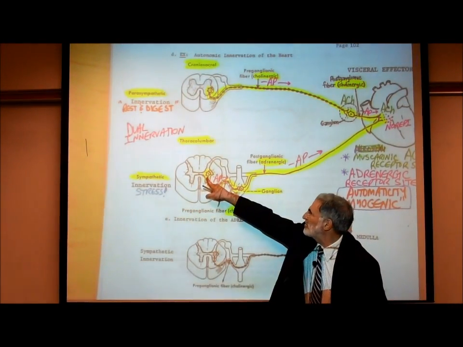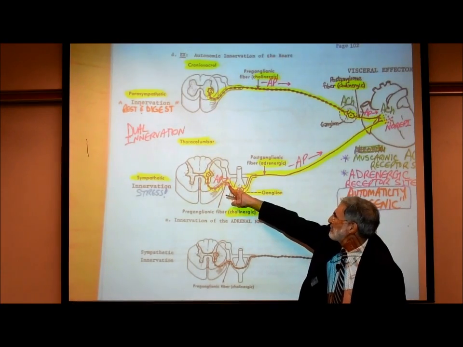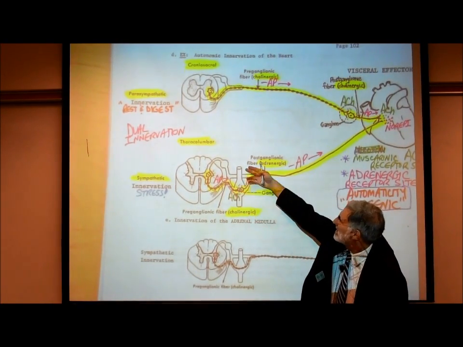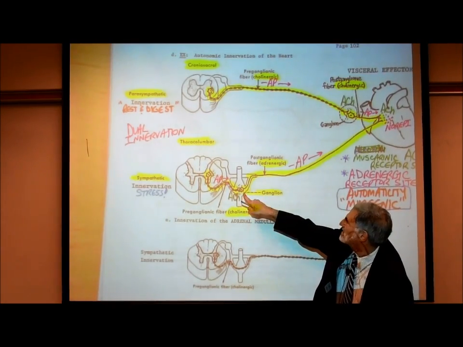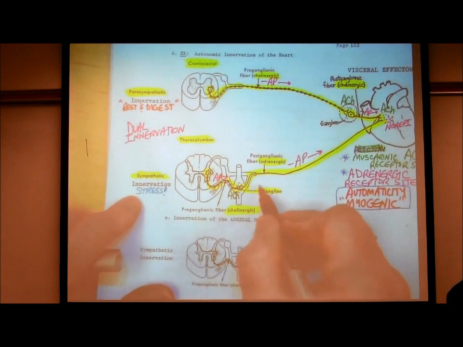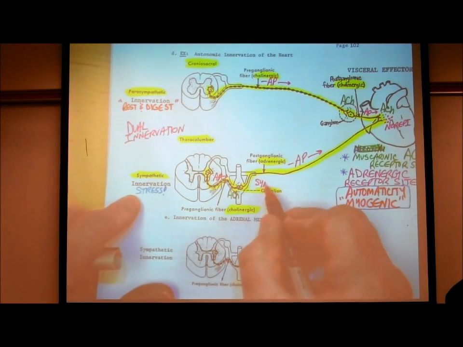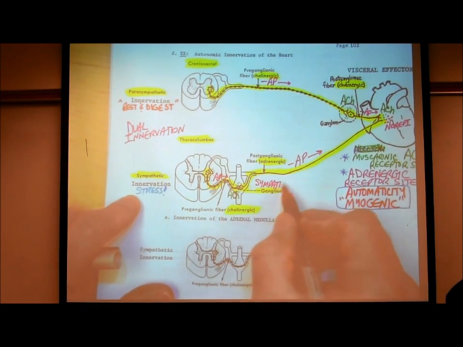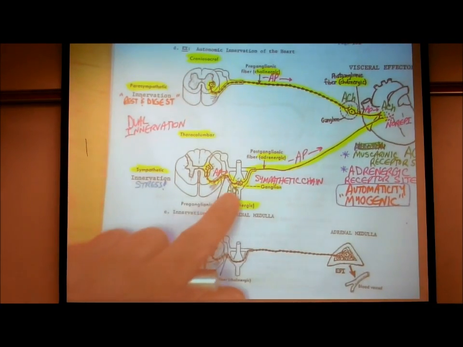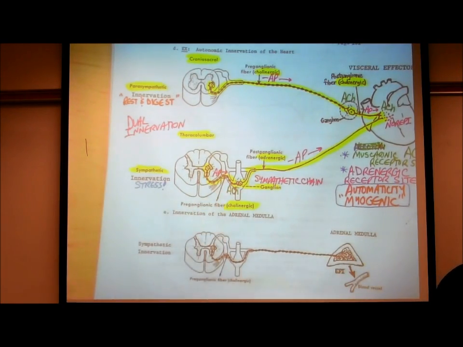Can you see that this sympathetic myelinated preganglionic fiber is synapsing right here? This thing represents the sympathetic chain ganglion. Again, not all sympathetics do this, but a large number do. The sympathetic chain ganglion. That's what this thing is right here.